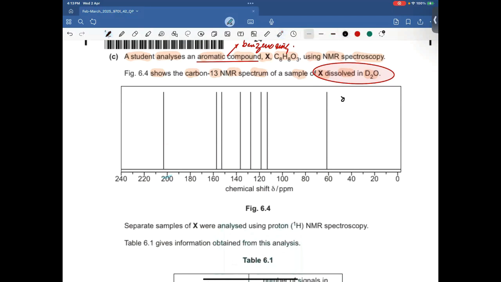So one thing is confirmed, that compound X has 8 chemical environments, meaning it has 8 carbon atoms. This is the second piece of information I've collected.